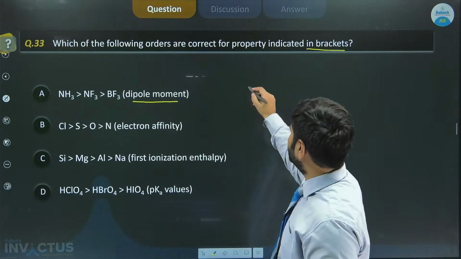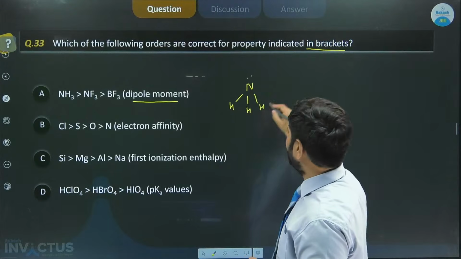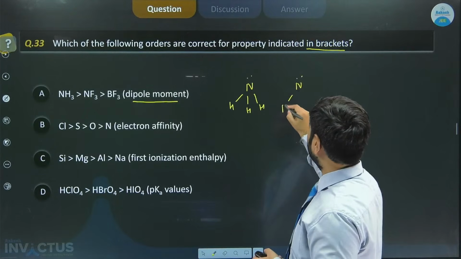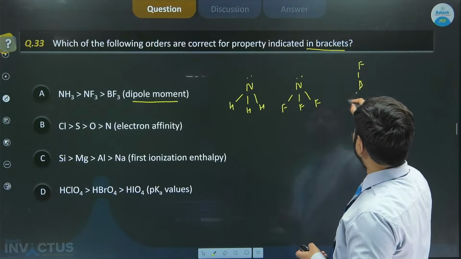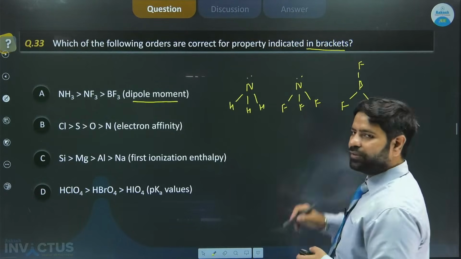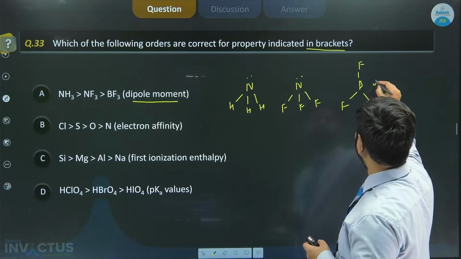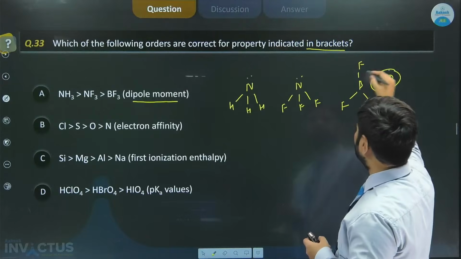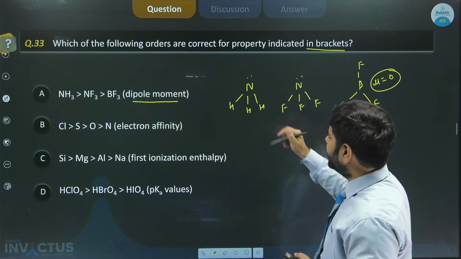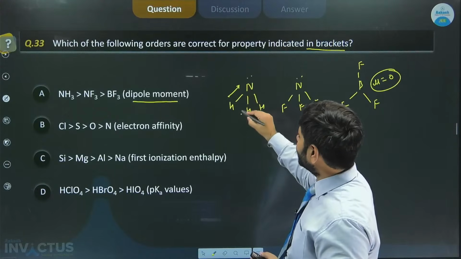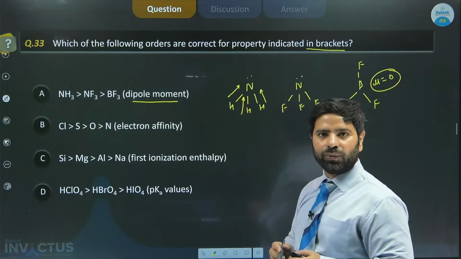We can simply tell this because we know the structures of NH3, NF3 and BF3. BF3 has trigonal planar geometry, so its dipole moment is 0. And what about the dipole moment of NH3 and NF3? Nitrogen is more electronegative, so the direction of dipole moment would be towards nitrogen.